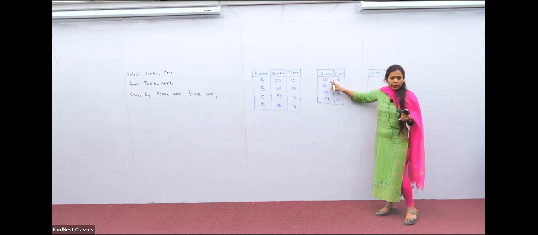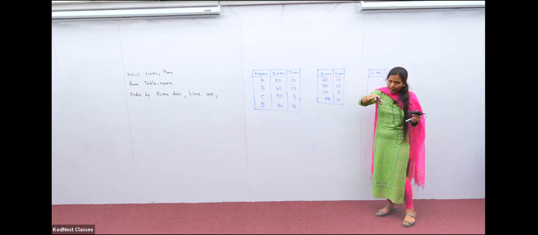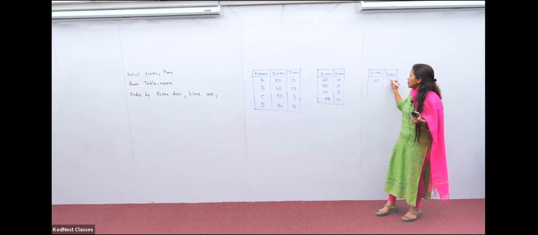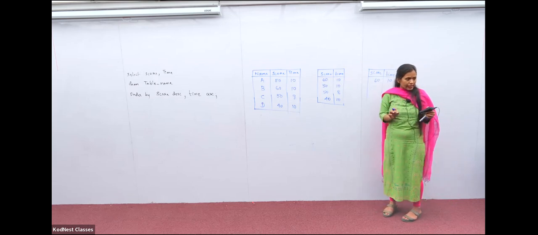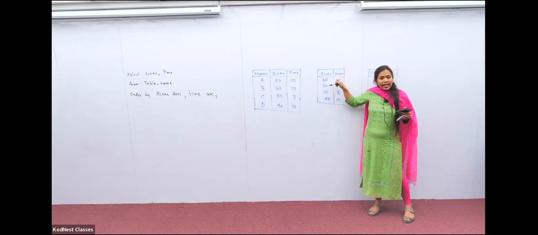This value will not be affected because primary sorting is there. Only after primary sorting will the secondary sorting happen. So 60 and that 10 minutes time will remain as it is. If there were another person who scored 60, it would have checked who took less time. Since there is only one person who scored 60, that will remain as it is.